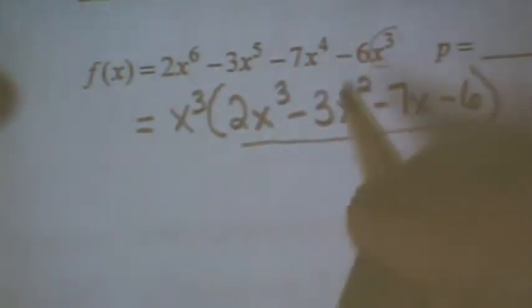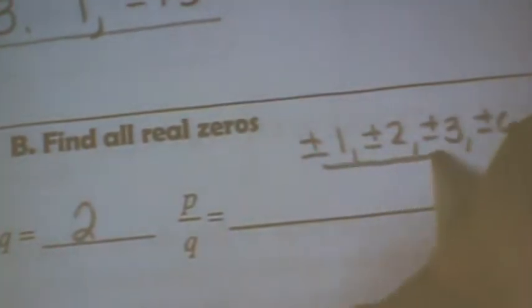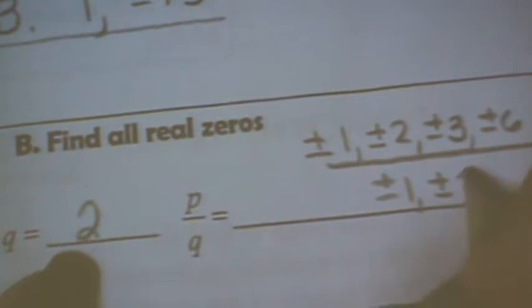Okay, so you got your coefficient. What's my p-value? 6. Negative. Don't worry about the negative. And my q value is 2. So tell me what are factors of 6. What numbers go into 6? 1 does, 2, 3, and 6. And what about 2? 1 and 2.